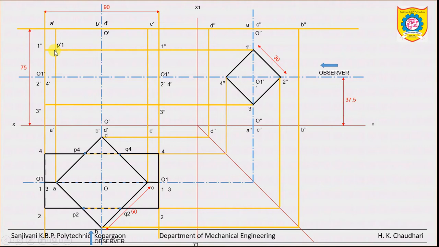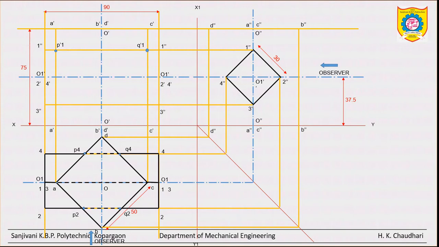Similarly, where will point Q-1 be? The Q letter is used for the right side. Here will be that point, this one, and then name this point Q-1.